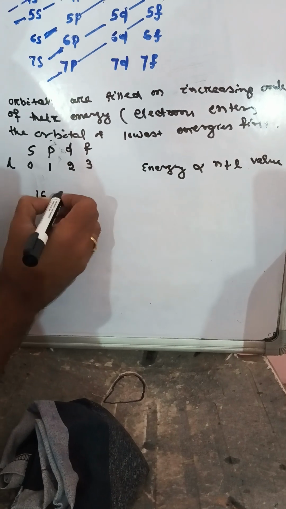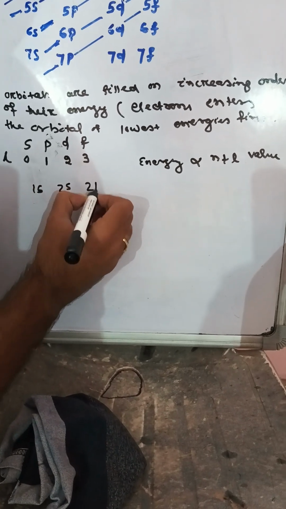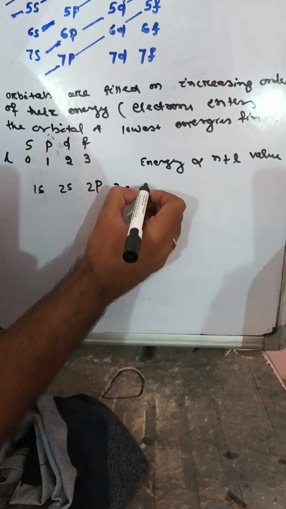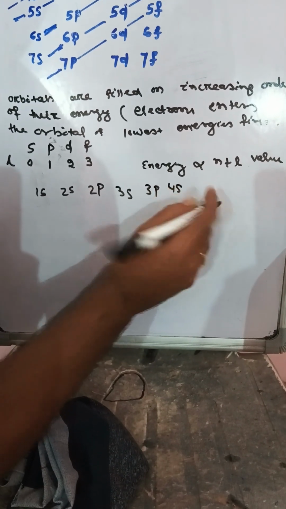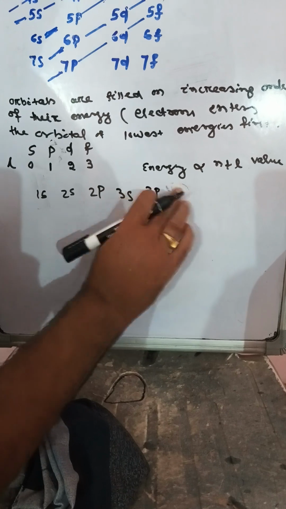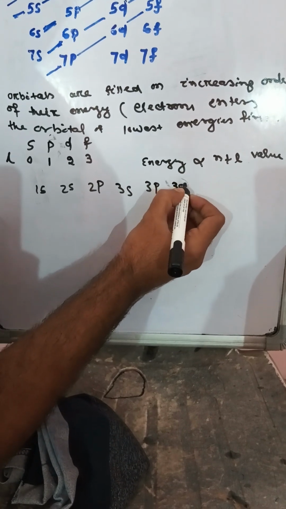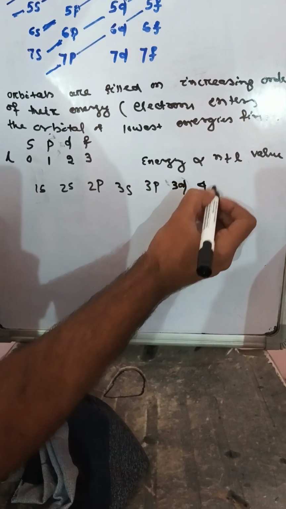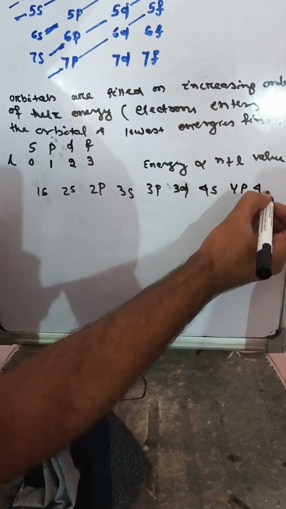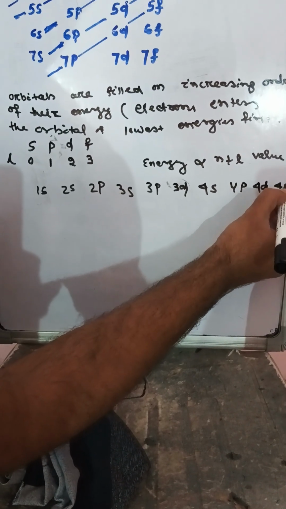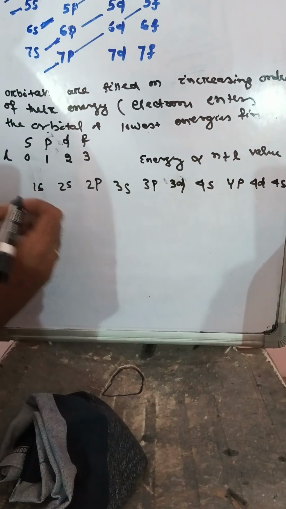Consider 1s, 2s, 2p, 3s, 3p, 3d, 4s, 4p, 4d. So we find n plus l value.